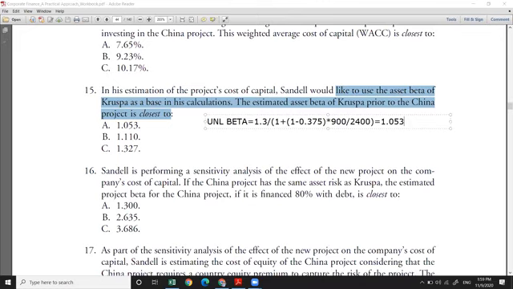Now this number will be used in the project calculation, because we calculated the unlevered beta. Now we can find the project beta, which uses the unlevered beta that we found, 1.053. Now the debt equity ratio changes here. It says the estimated project beta for the China project, if it's financed 80% with debt and 20% with equity.